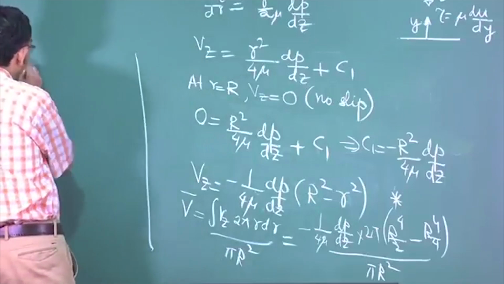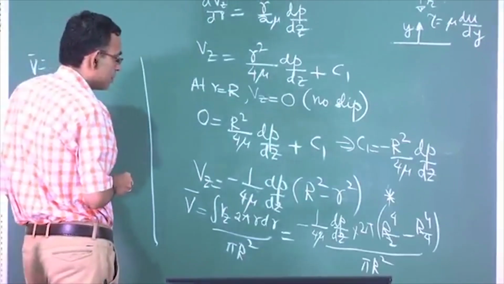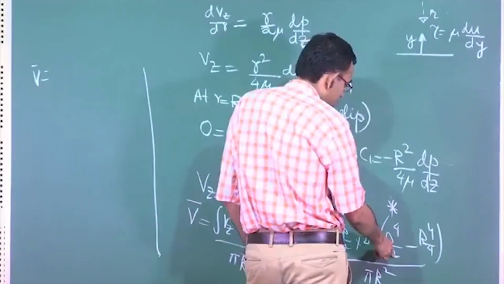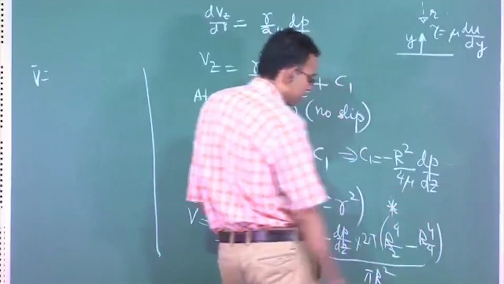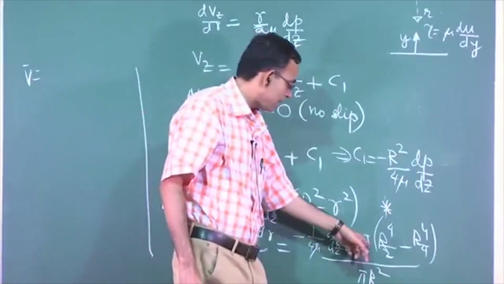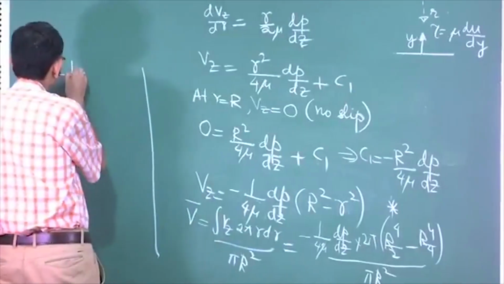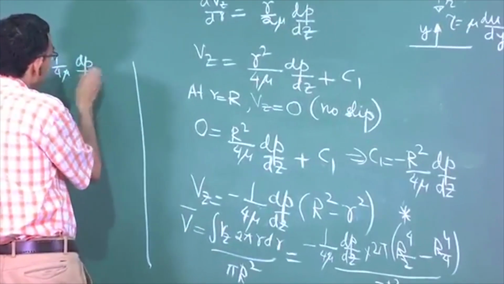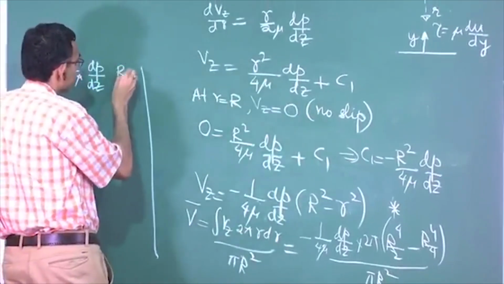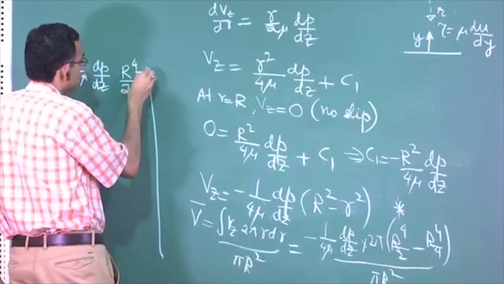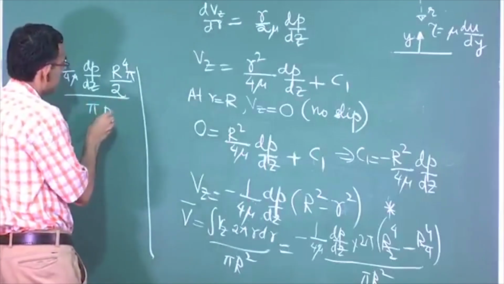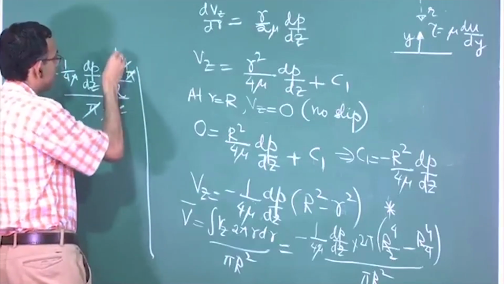So, V average, so this becomes R 4 by 2 minus R 4 by 4, this is R 4 by 4. So, R 4 by 4 into 2 pi, so that becomes minus 1 by 4 mu dp dz into... so pi gets cancelled, this becomes r square.